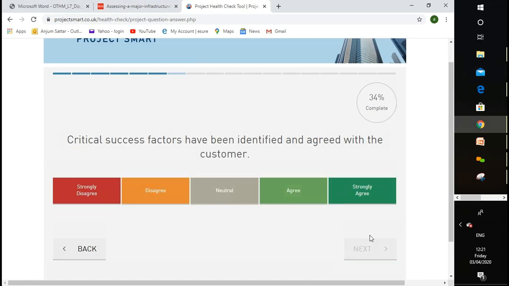We do research. Critical success factors: we identify the critical success factors within a project. Agree. Okay. Management will support the request for additional resources. If you need, now with coronavirus, additional money.